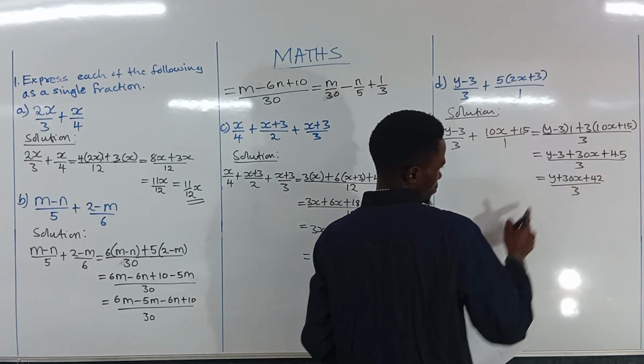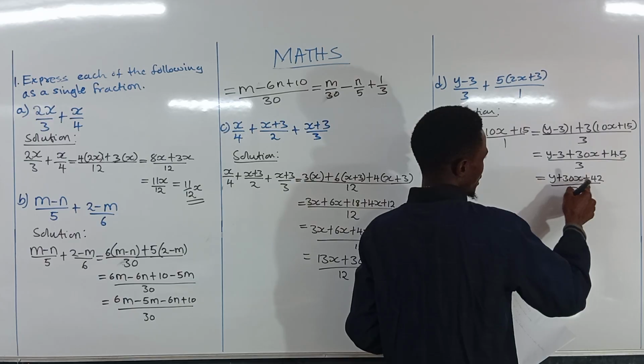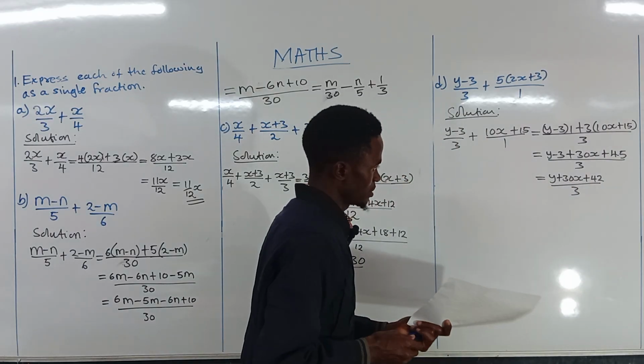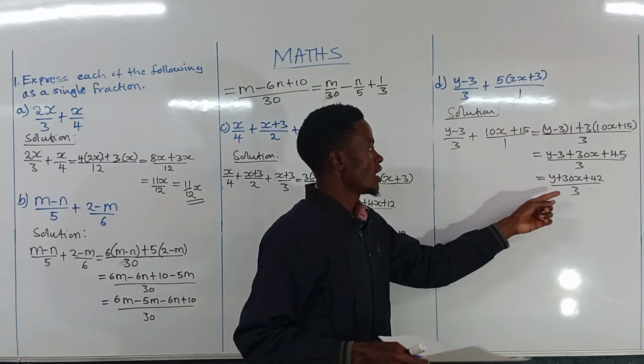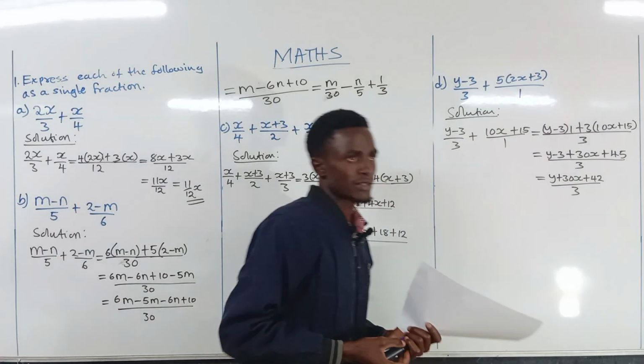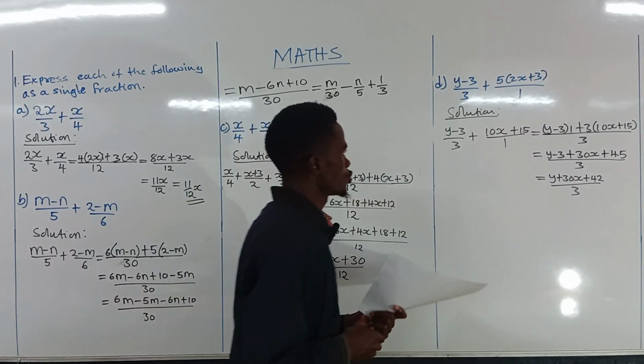So as a single fraction, because y and 30x and 42 are not common, because they don't have something that is going to make them similar in all of them, our answer remains y plus 30x plus 42.